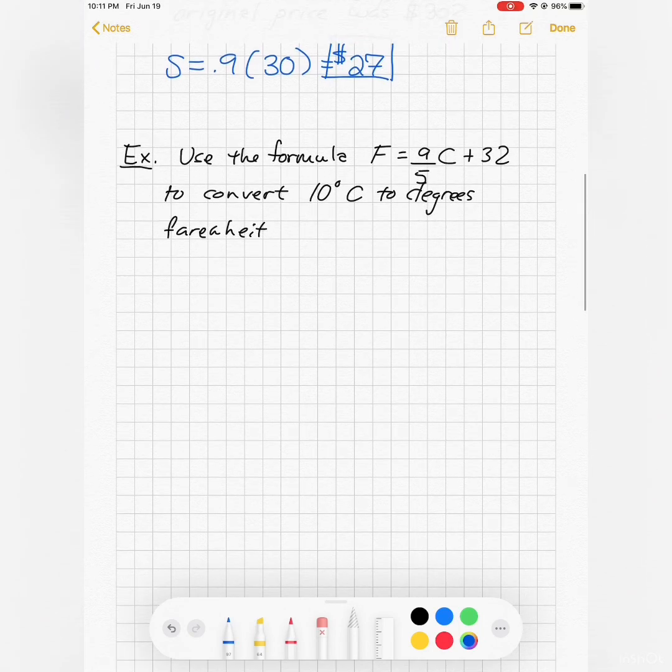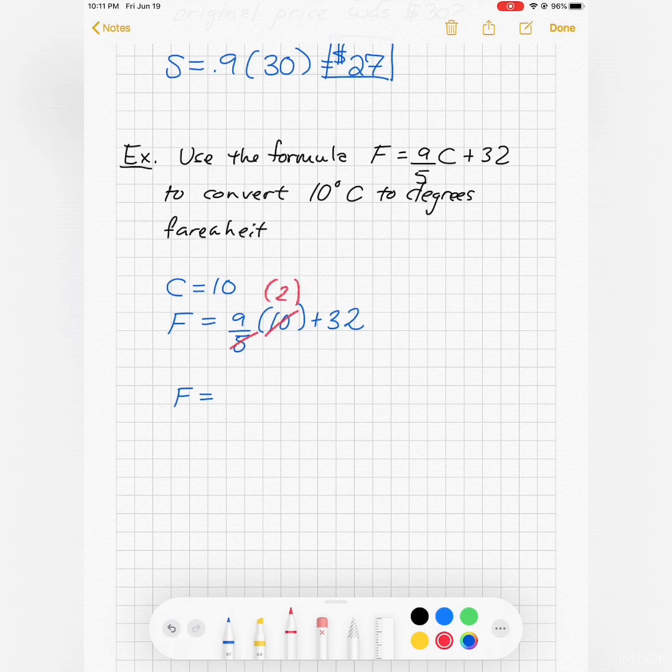Use the formula F equals 9/5 C plus 32 to convert 10 degrees Celsius to degrees Fahrenheit. Okay, so what do we have here? We have C equals 10. So then F is 9/5 times 10 plus 32.